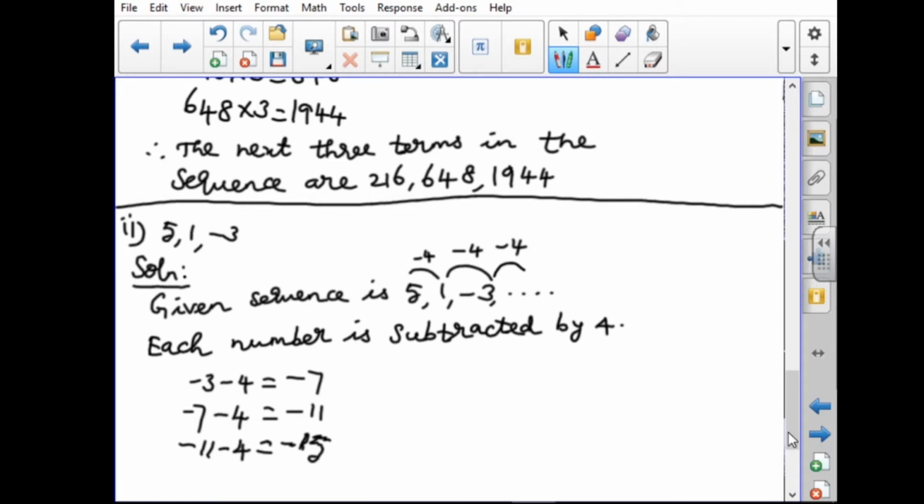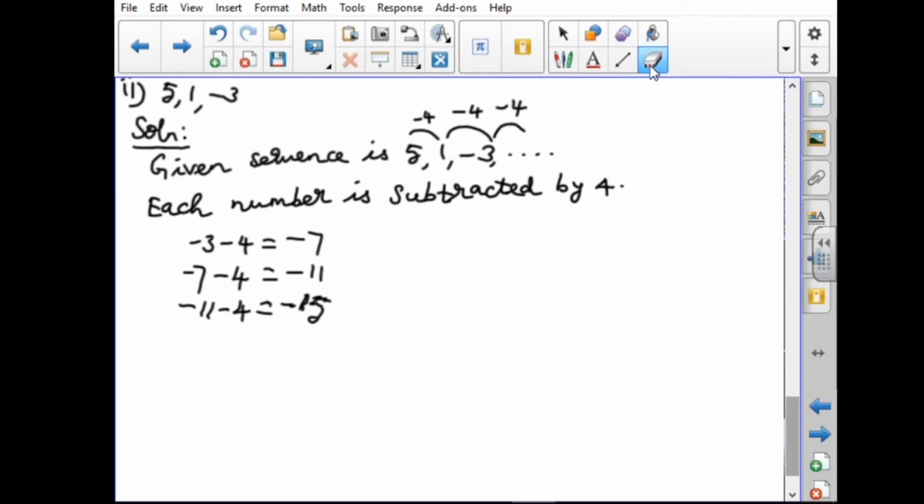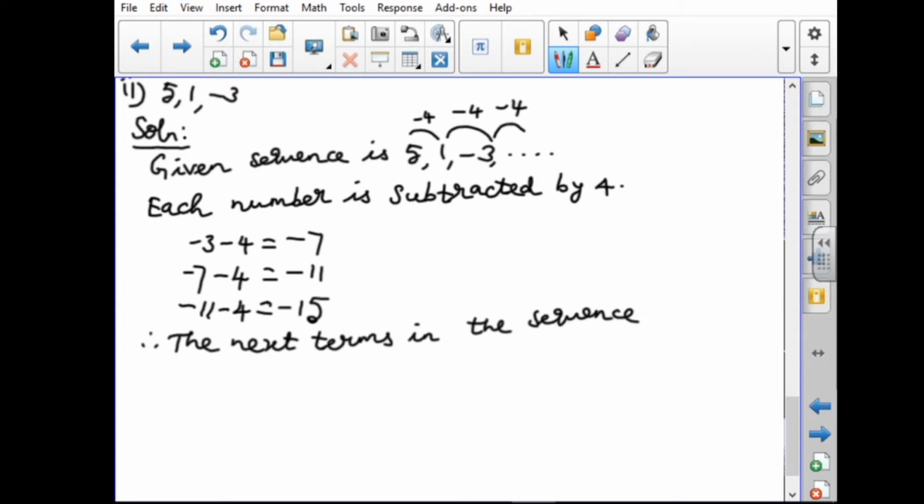So now we have to get these 3 numbers, minus 15. Therefore, the next 3 terms in the sequence are, they have given 5, 1, minus 3.